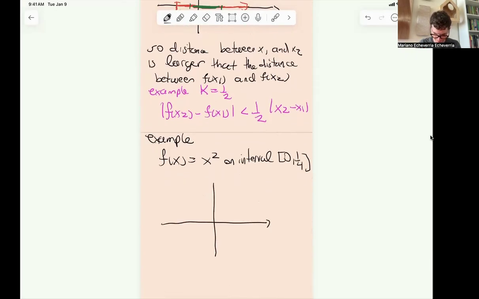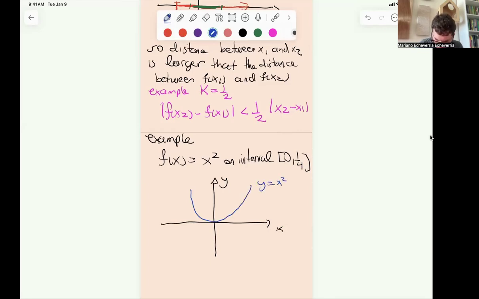And I can even draw the graph for you. This is the entire graph of the function, but I'm just looking at the function restricted to the interval 0 to 1/4, right? My claim is that if you choose any two points on this interval and you square them, this is where x1 squared would be and this is where x2 squared would be. Despite the appearances, this distance will be less than this distance downstairs.